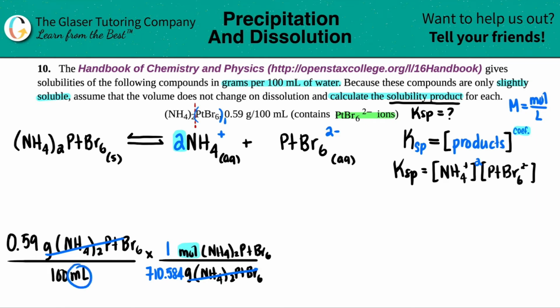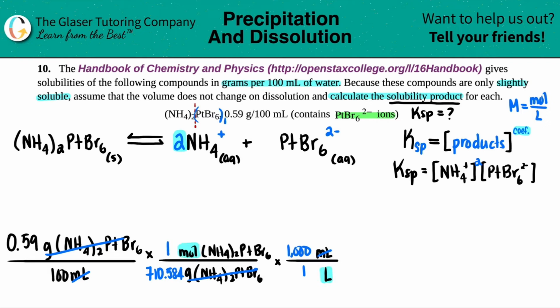Now let's just convert the milliliters to the liters to get that molarity unit. So since the mils are on the bottom, I have to put them on the top to cancel out. Then liters go on the bottom. And remember, it's 1,000 mils for every 1 liter. The milliliters will cancel, and now you're left with mole divided by liter.